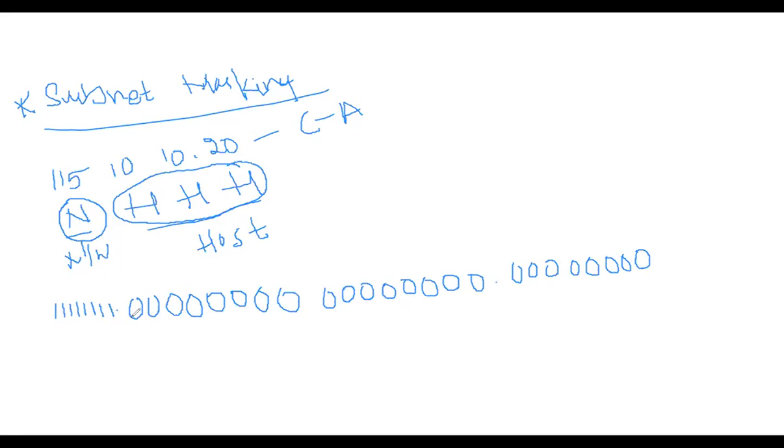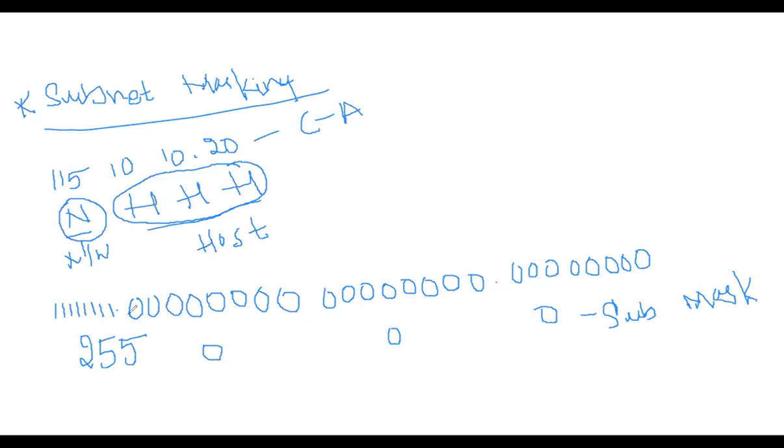If you make it 2 raised to 0, the maximum number is 255. Dot 0 dot 0 dot 0. Got it? This number is called the subnet mask.